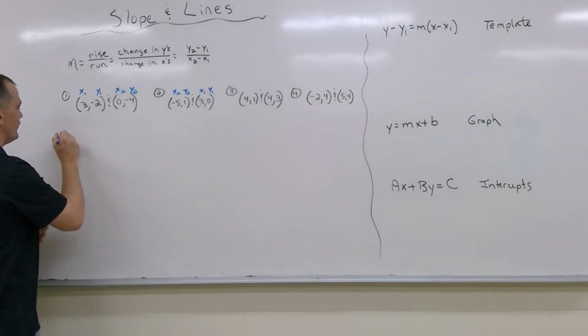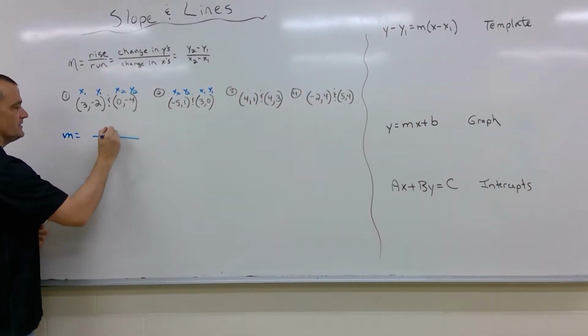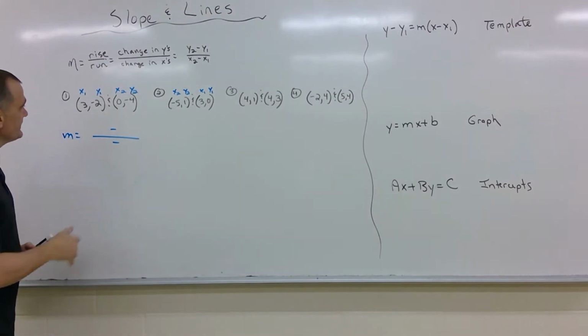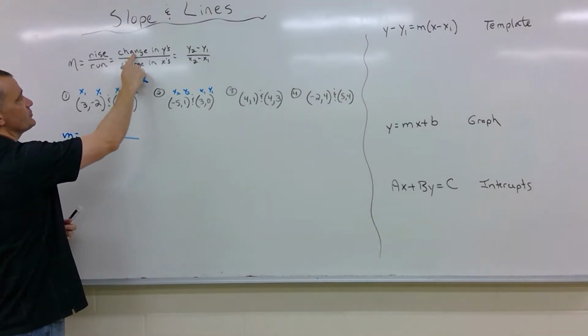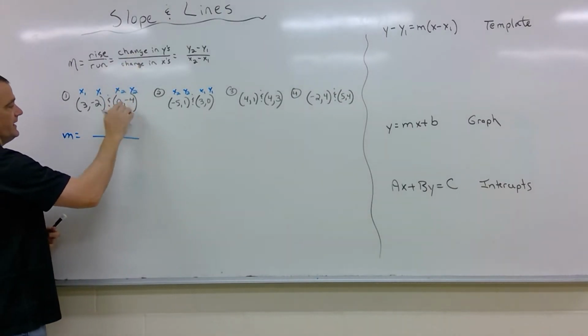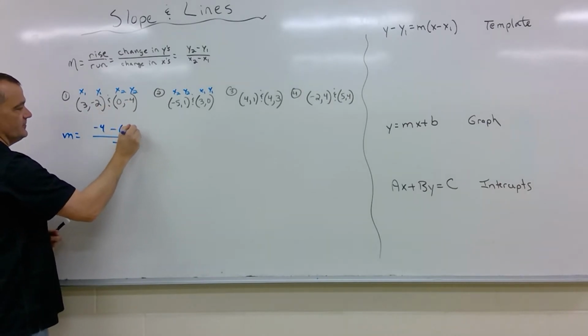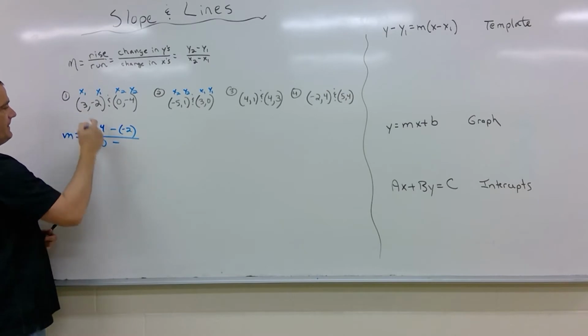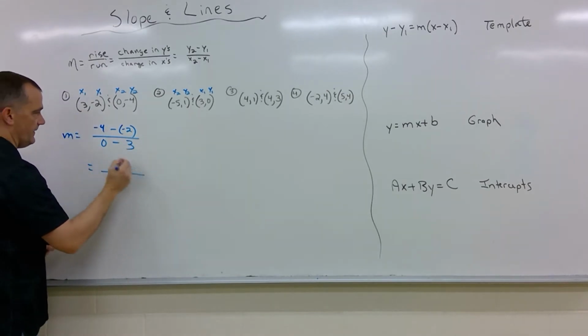So let's use the formula real quickly. Change means subtraction. So -4 minus -2, and then 0 minus 3. Let's see what happens.